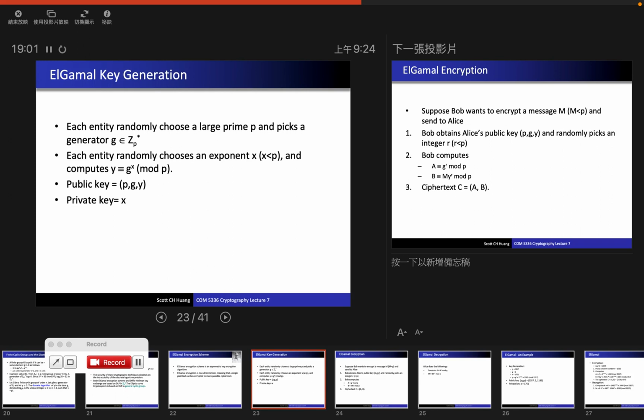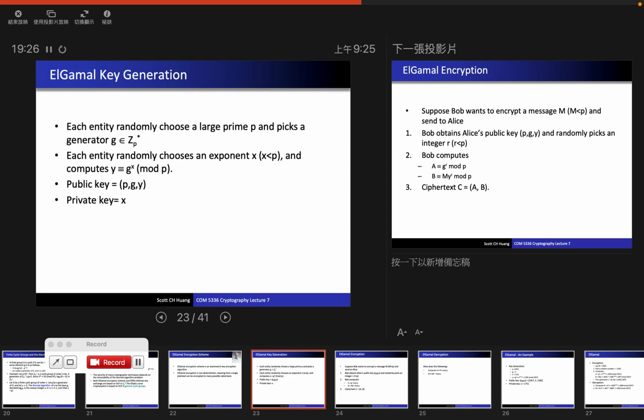First, both parties, sender and receiver, Alice and Bob, or the whole system, will generate a large prime P, and a generator G. And then each user chooses an exponent, which can be regarded as a secret key.